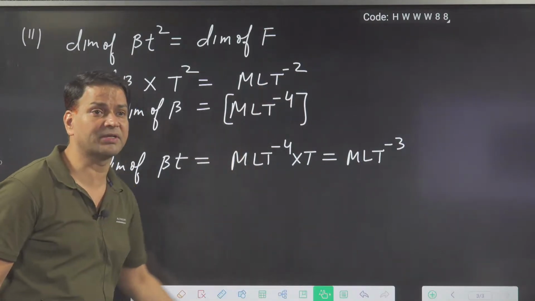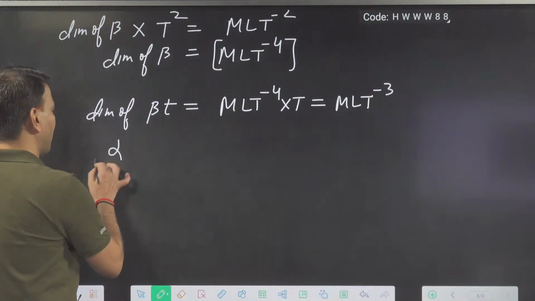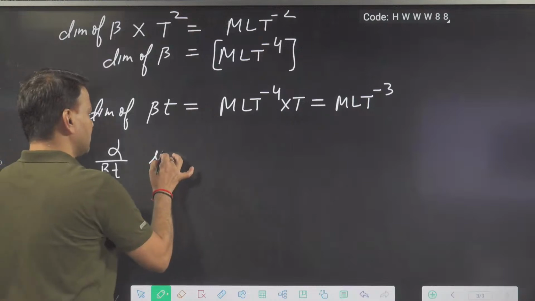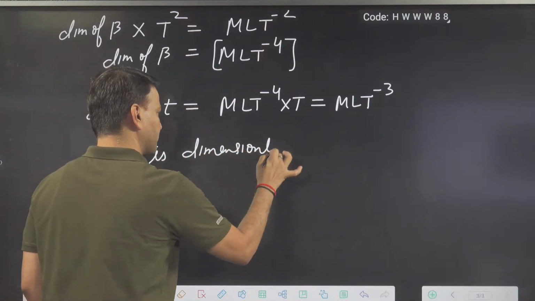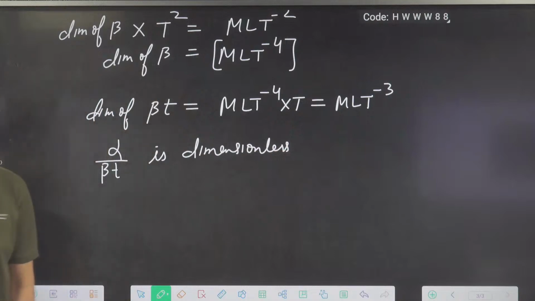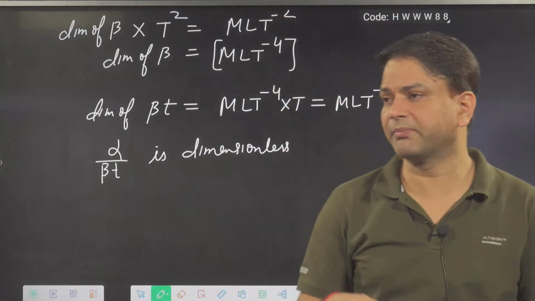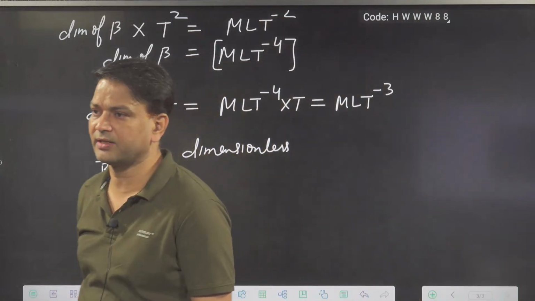So which quantity is dimensionless? Alpha by beta T or beta T by alpha is dimensionless. Everybody got? Because alpha and beta T have the same dimension, if I divide, the quantity I get will not have any dimension.